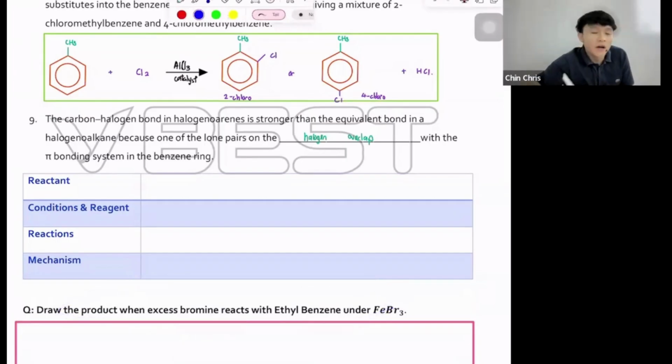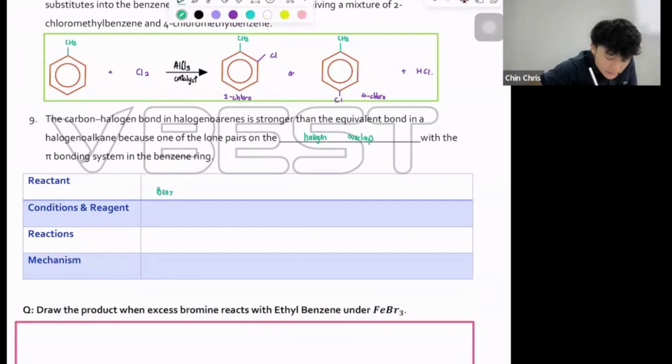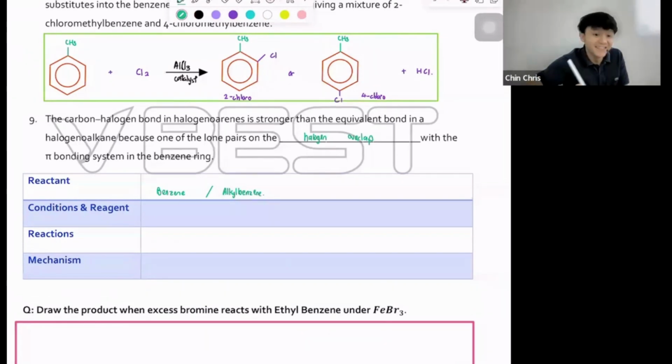Alright, guys, now let's say if you have a benzene or a phenol benzene. You can either take AlCl3 as a catalyst or FeBr3 as a catalyst, with Cl2 or Br2, depending on what you are substituting.